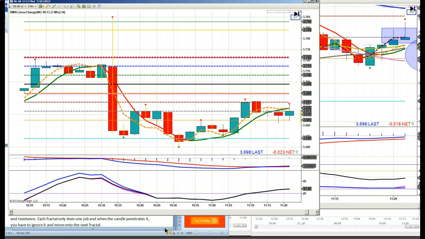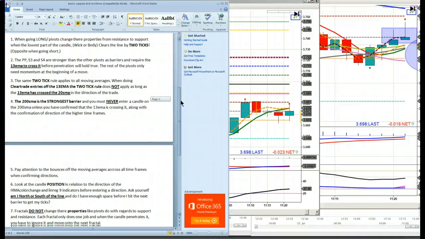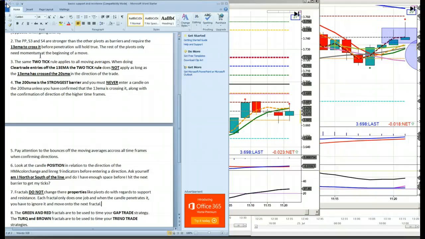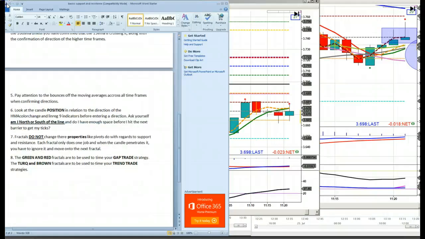Well, one of the rules we talked about, along with the PP rule, is: before you take a trade, always ask yourself, am I north or south of the HMA color change?